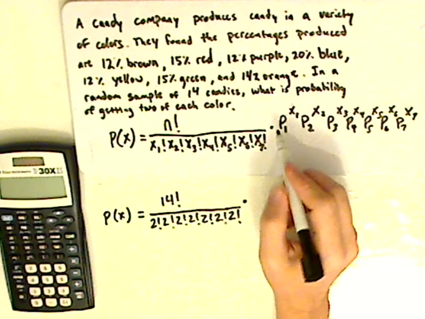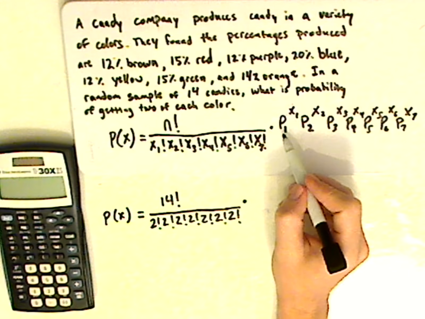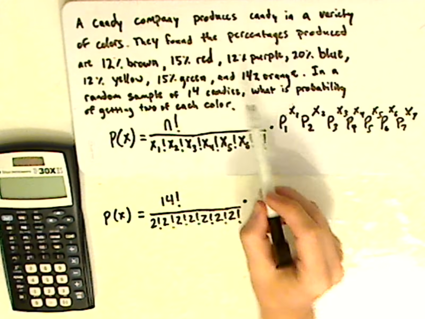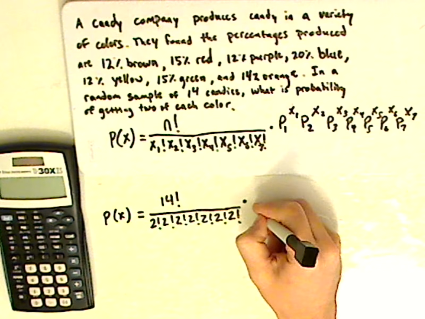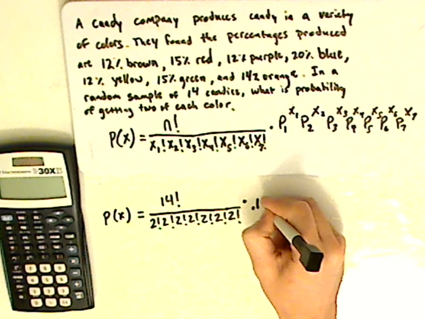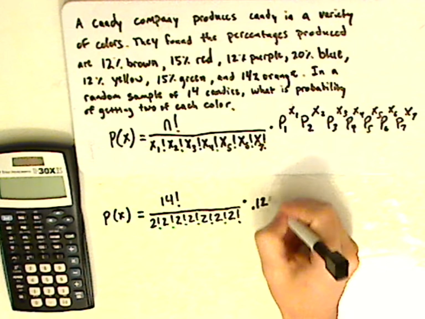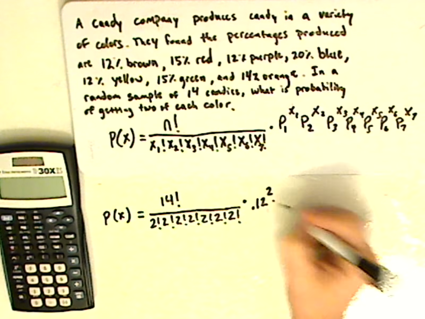Now, to do this part, you have the probability of success, one for each category. So you're going to have brown, and make sure you convert the percentage to a decimal. So it would be 0.12 raised to the second power.